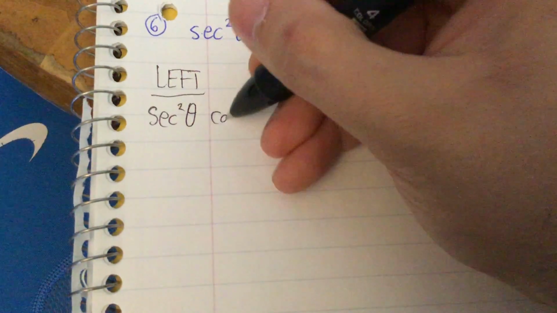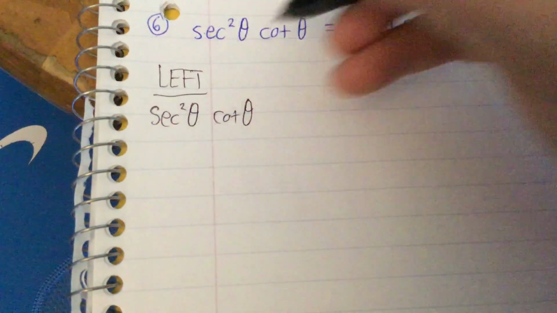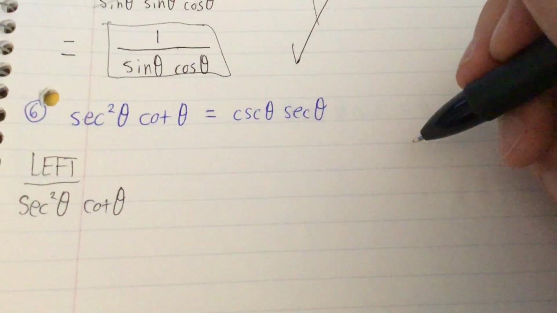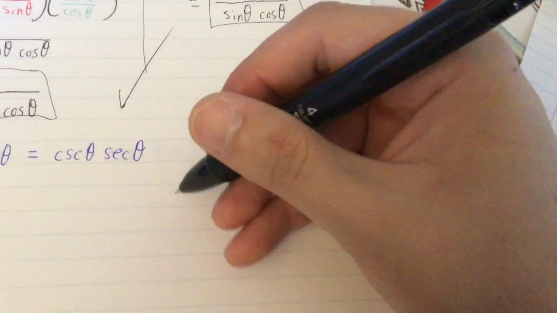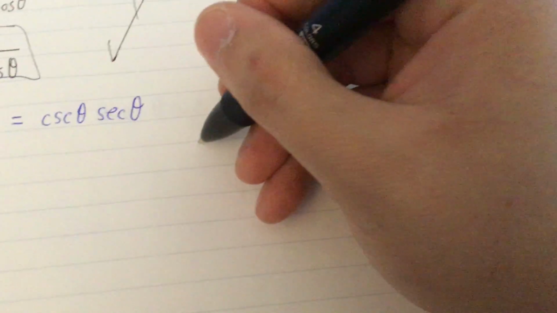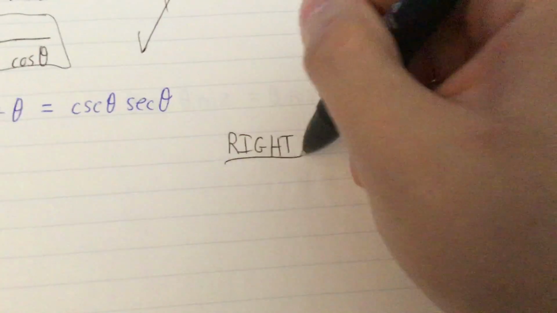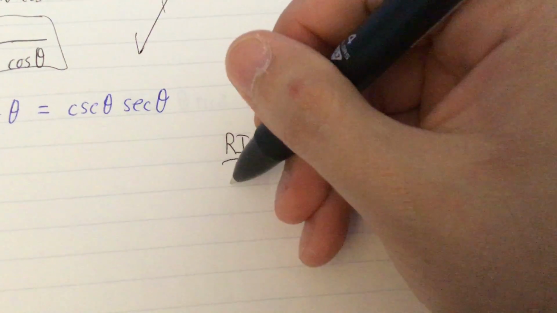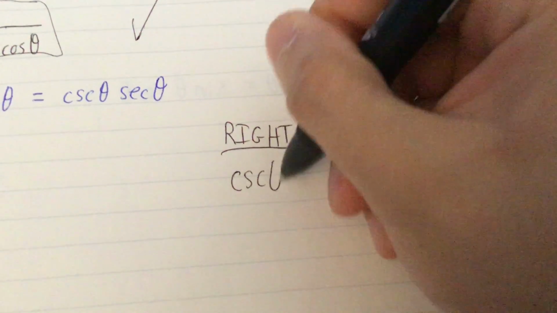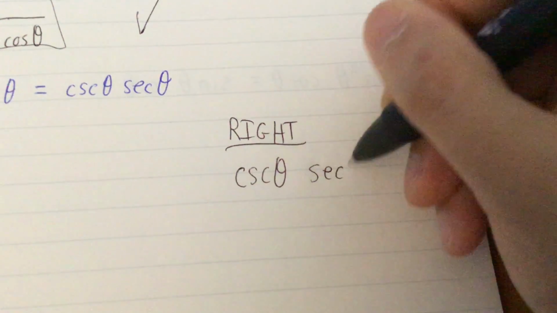So the left side has secant squared of theta times cotangent of theta. I've got a complicated left, and I've got a complicated right. The right side is cosecant of theta, secant of theta.